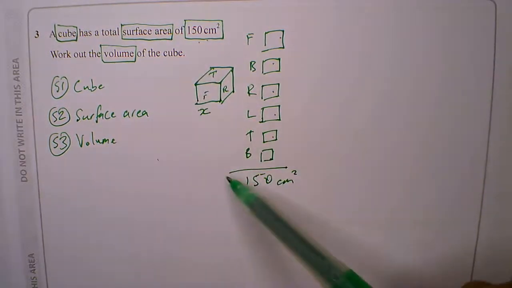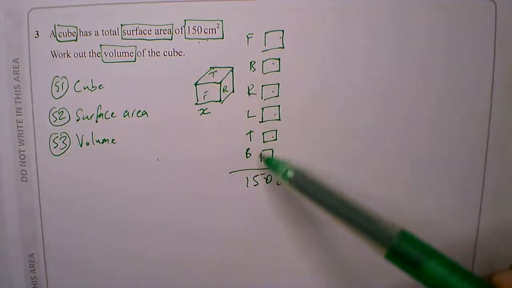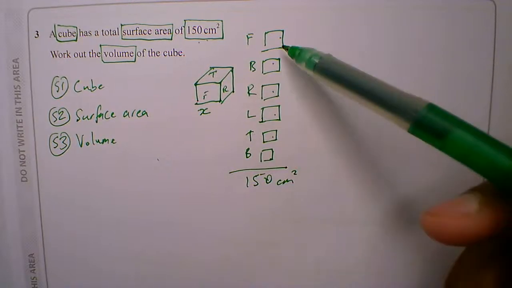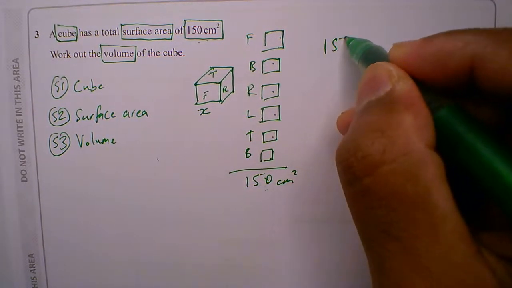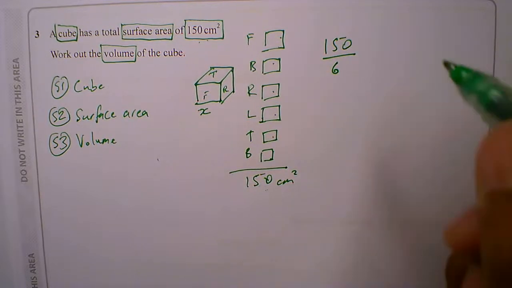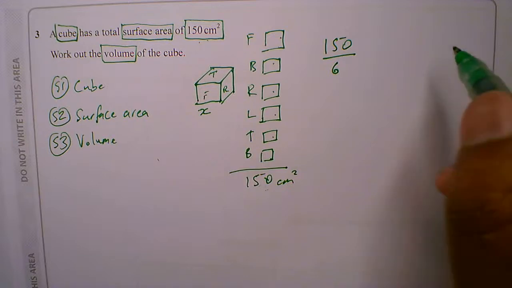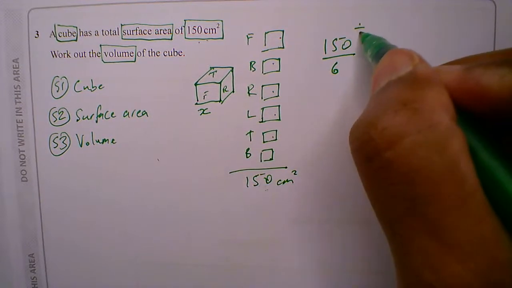So can you see where I'm going with this? It's not telling you to do this, but there's an invitation here, inviting you to think about the surface areas. There are 6 sides that give you 150, so we're going to do 150 divided by 6. These are both even numbers, so I'm going to divide by 2.